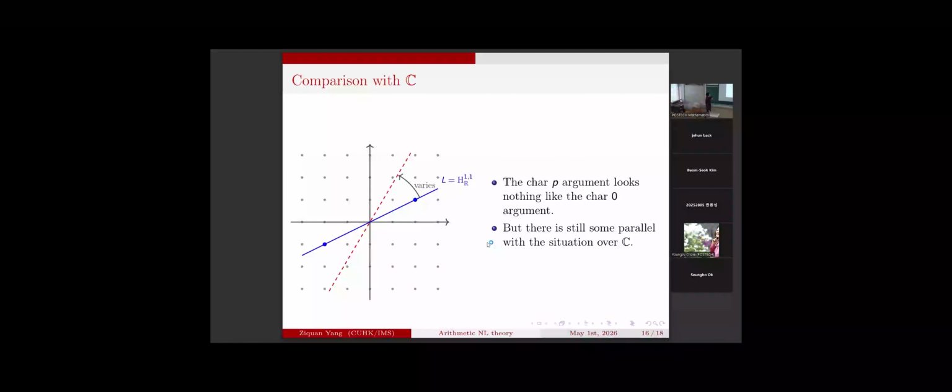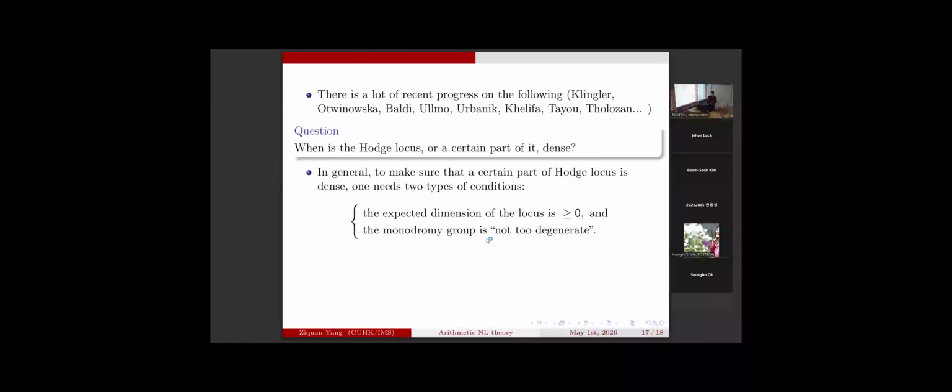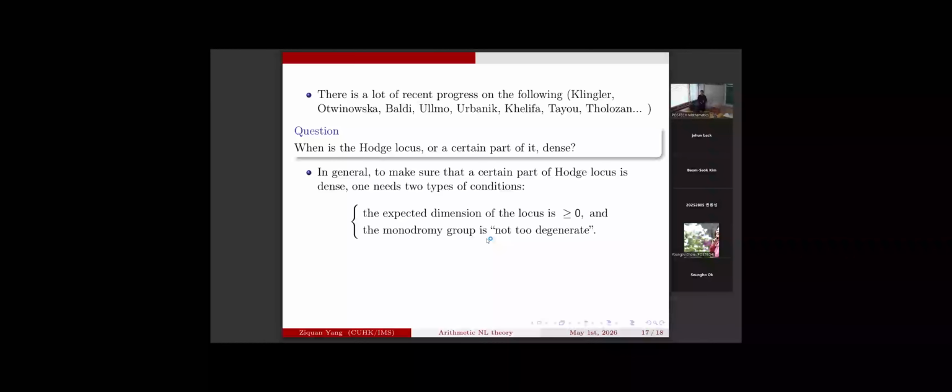In general, your subspace needs to deform in enough directions to sweep out an open part of your ambient space, and this expected dimension statement is a formal way of saying what I just said. And secondly, there is some condition which says that the monodromy group, in some suitable sense, cannot be too degenerate.